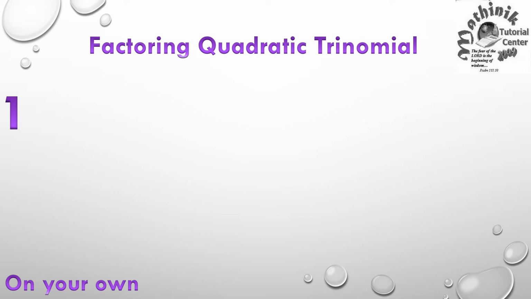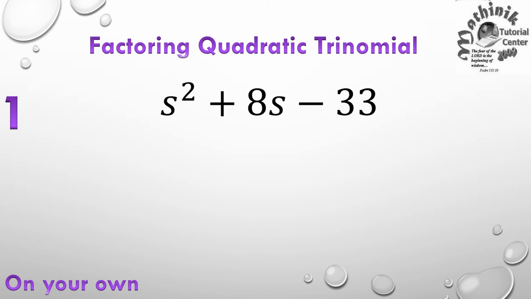Factor the following quadratic trinomials on your own. For each item, I will give you 15 seconds. s squared plus 8s minus 33. You have 15 seconds on your own. Go.